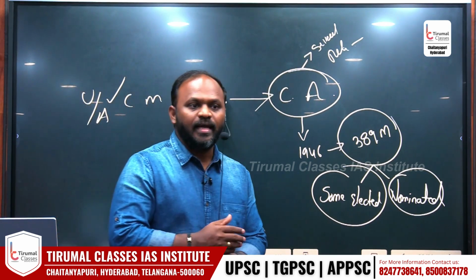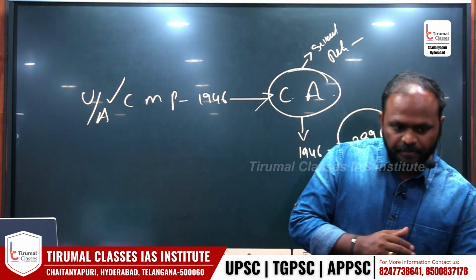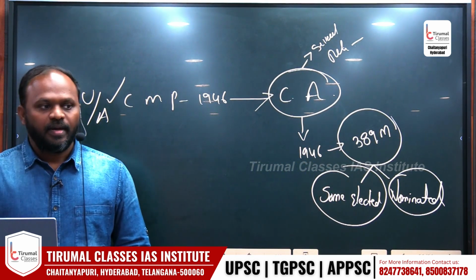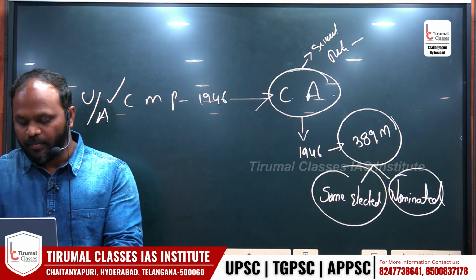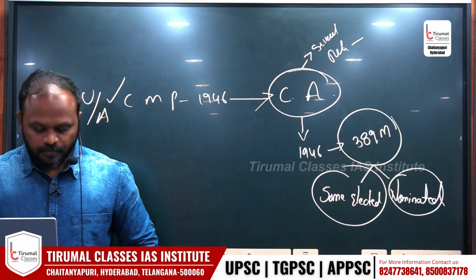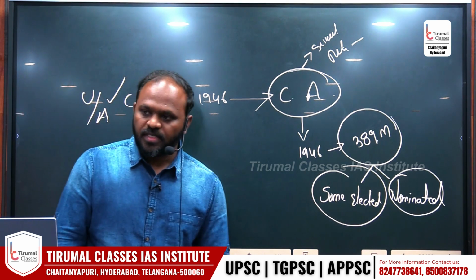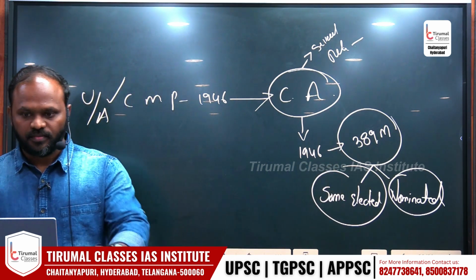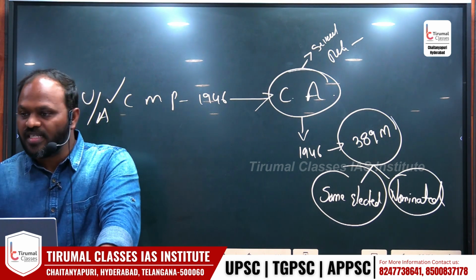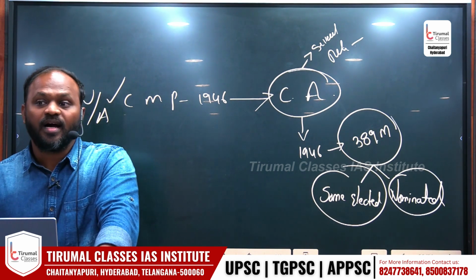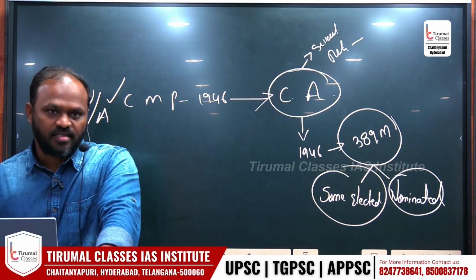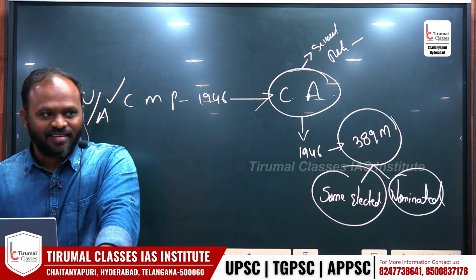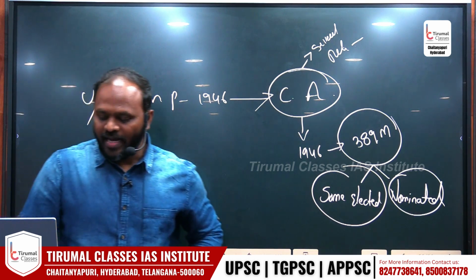The Constituent Assembly had members from Hinduism, Muslims, Sikhs, Parsis, followed by Anglo-Indians.